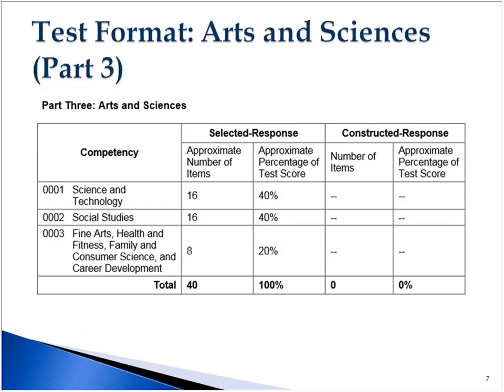Part 3 of the test is the same no matter which version of the multi-subject you're taking. In other words, if you need to take both the B through 2 and 1 through 6 CSTs, you'll take 2 ELA tests, Part 1, 2 math tests, Part 2, but only 1 arts and sciences, Part 3, because it will count for both exams.